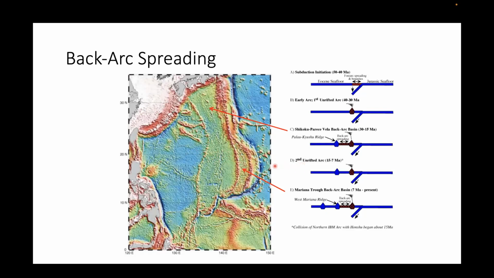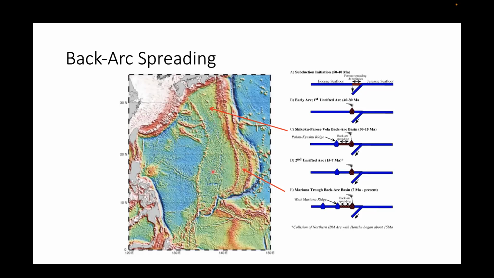And later, in the southern part of this trench system, this is the Mariana Trench, there is a second stage of back-arc spreading. This second back-arc spreading split the arc again to form the western dead volcano and the eastern active volcano. And a new oceanic basin is formed here. So this peculiar configuration: in the north, there is only one basin formed.